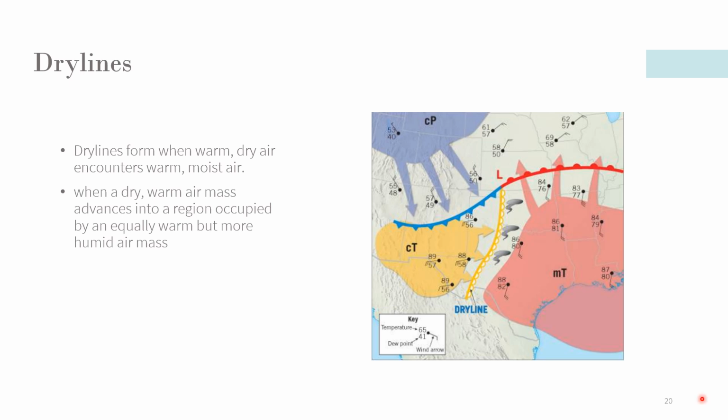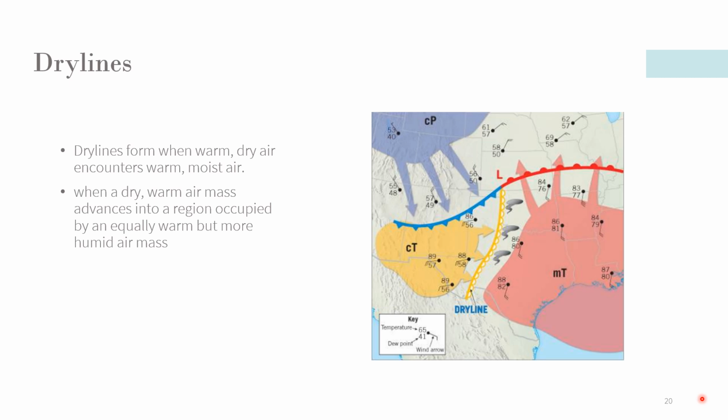This example is a specific dry line that developed over Texas and Oklahoma, and therefore it generated thunderstorms and tornadoes.